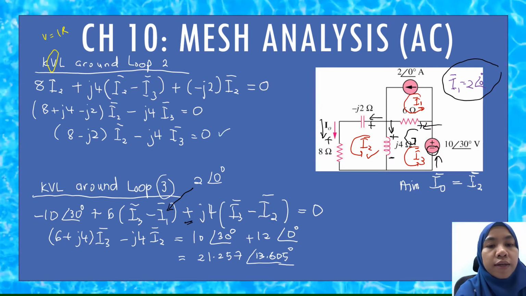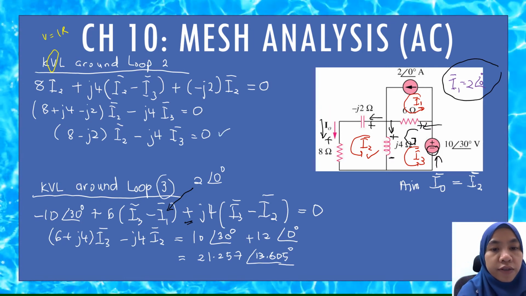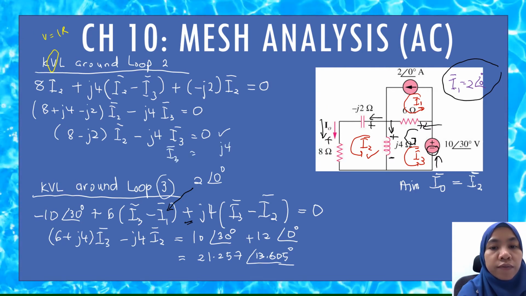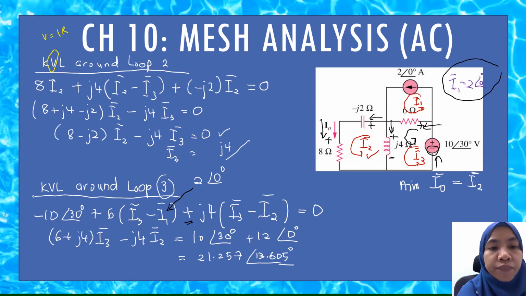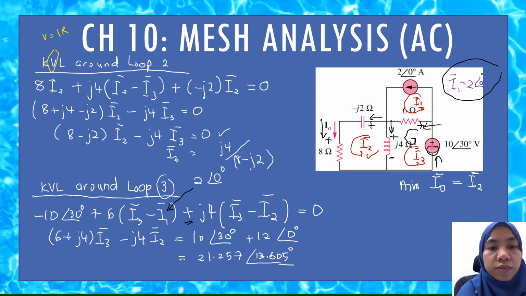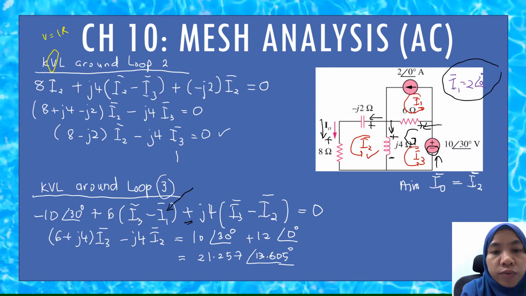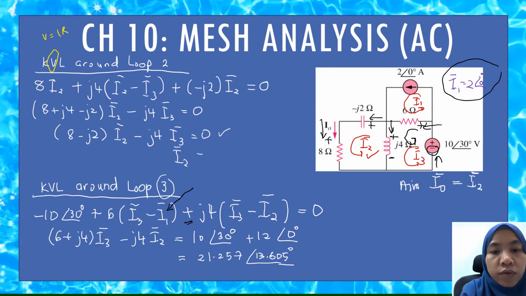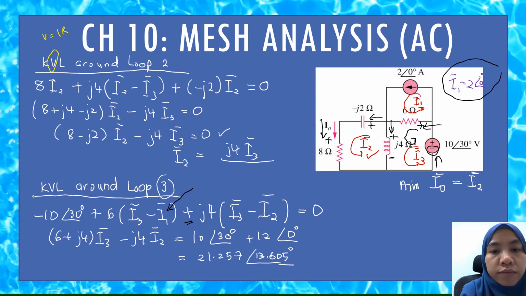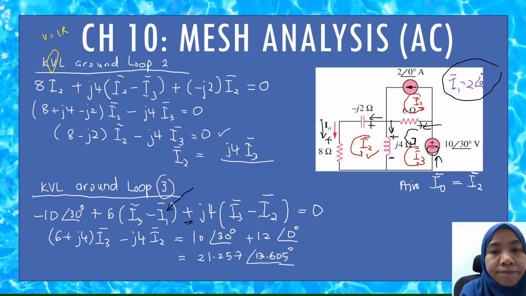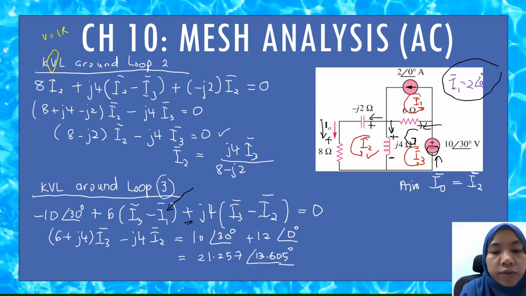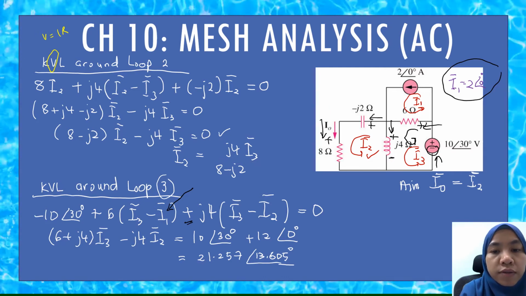If you rearrange this, I2 is equal to j4 I3 bar divided by 8 minus j2, and substitute this.